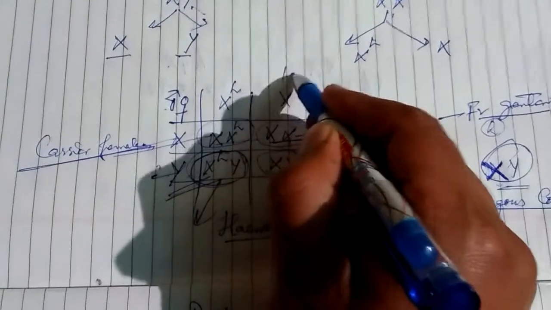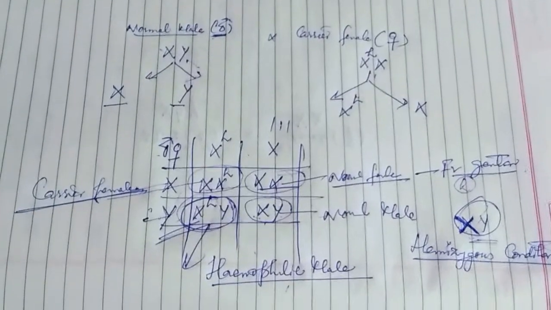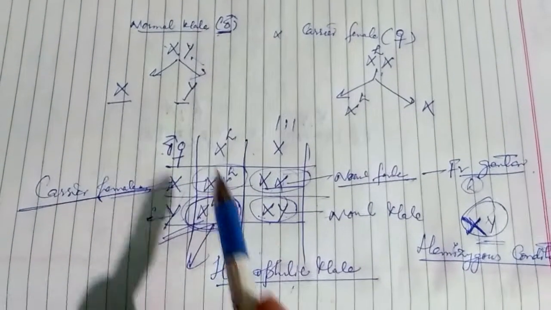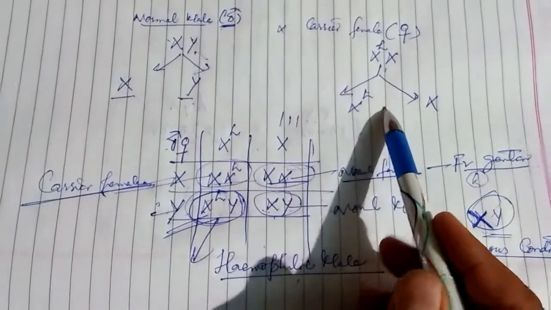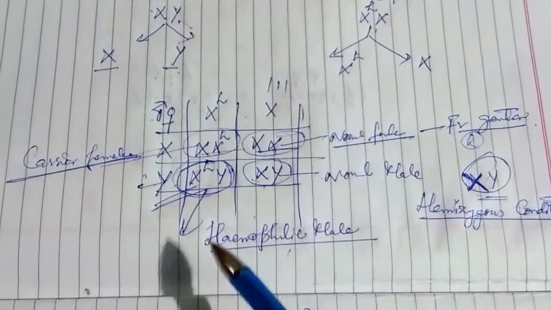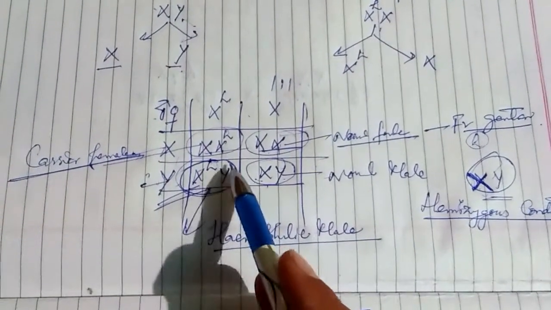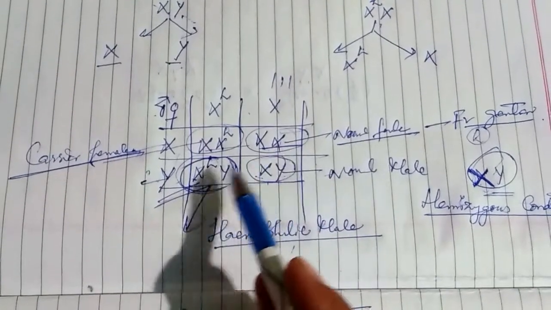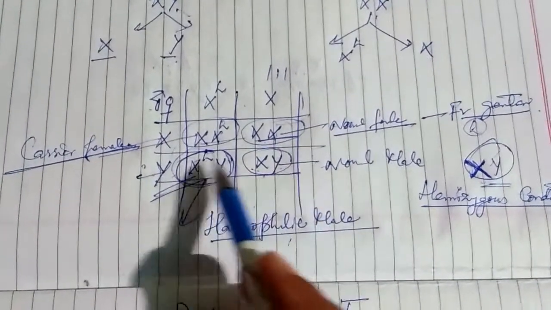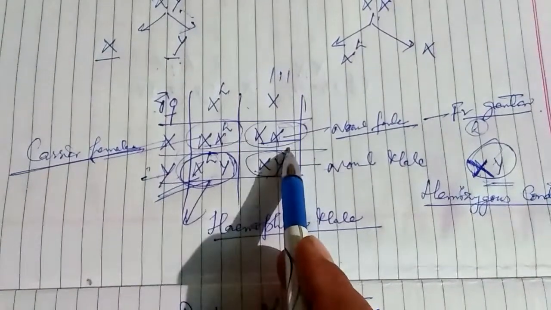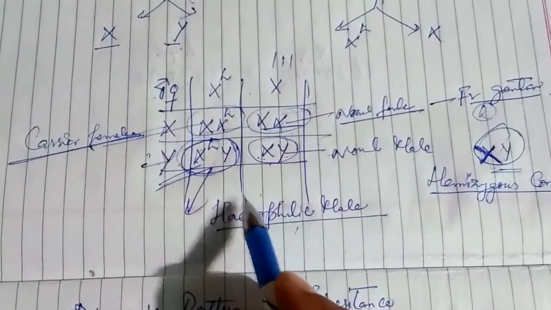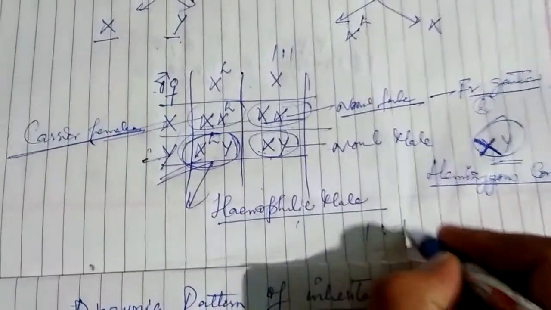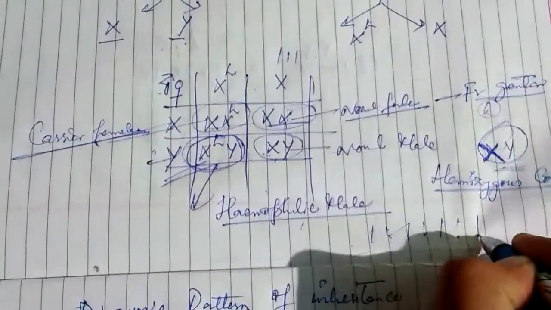The ratio would again be 1 is to 1. You can also be asked, if a normal male marries a carrier female, what would be the ratio between carrier female to normal female to hemophilic male to normal male? There is one carrier female, one normal female, one hemophilic male, one normal male. So the ratio would be 1 is to 1 is to 1 is to 1.